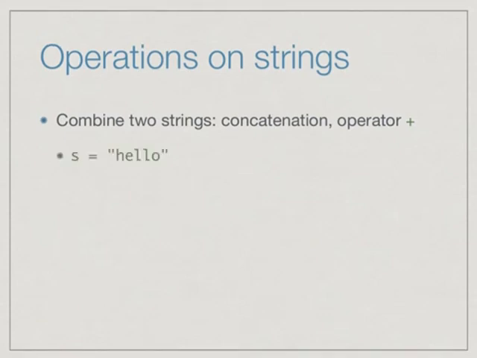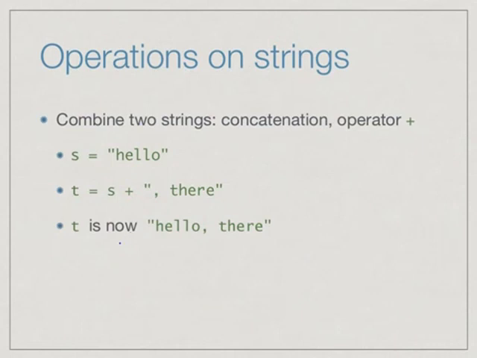So if we have a string hello as we did before, and we take a new string and add it to S, then we get a string T whose value is the part that was in hello plus the part that was added. So plus is just a simple operator which takes two strings and sticks them side by side.